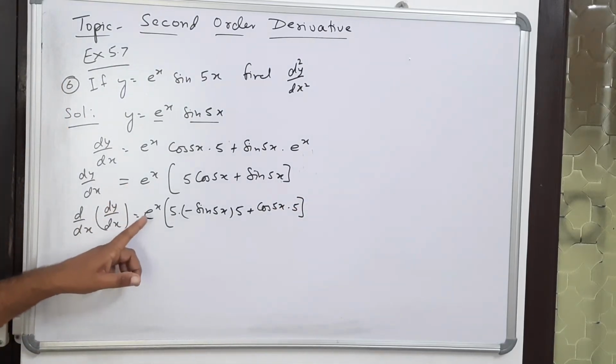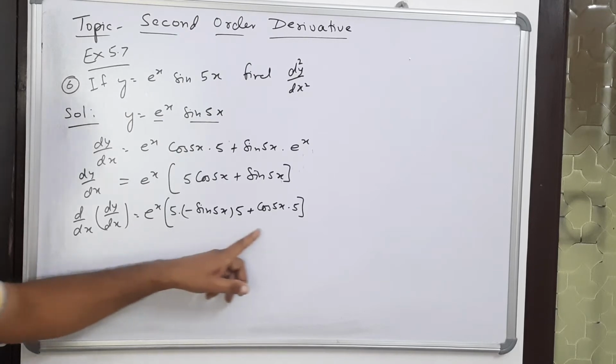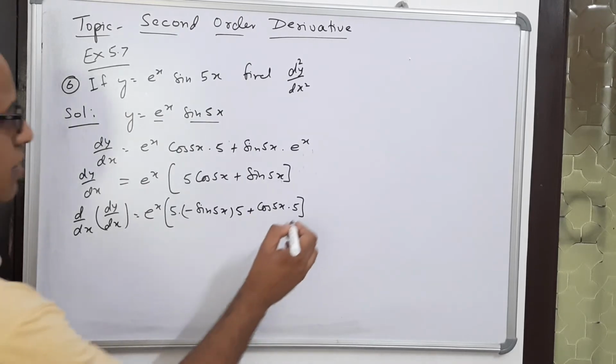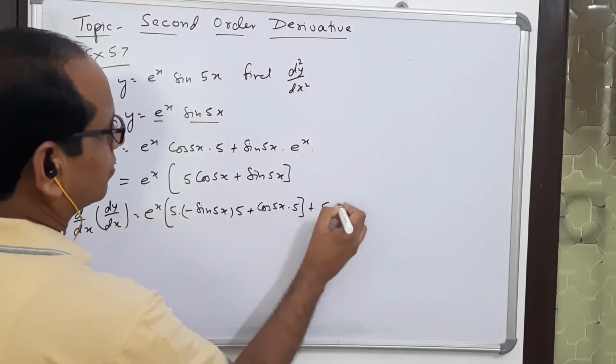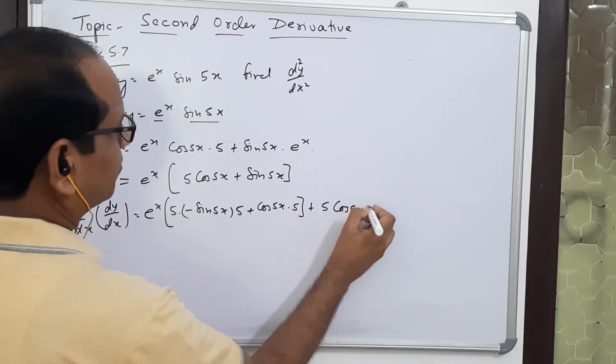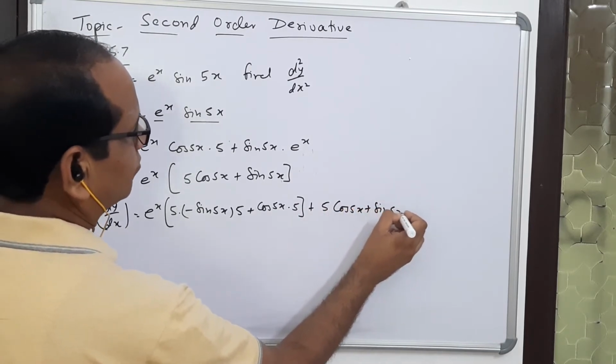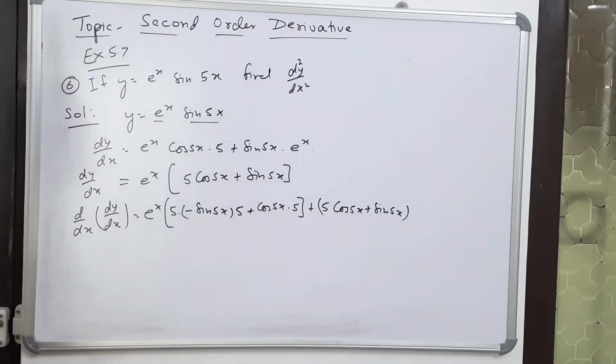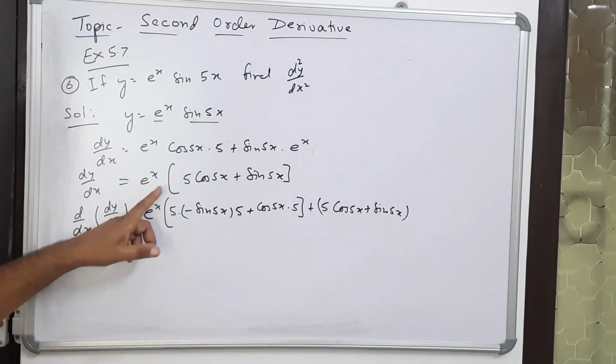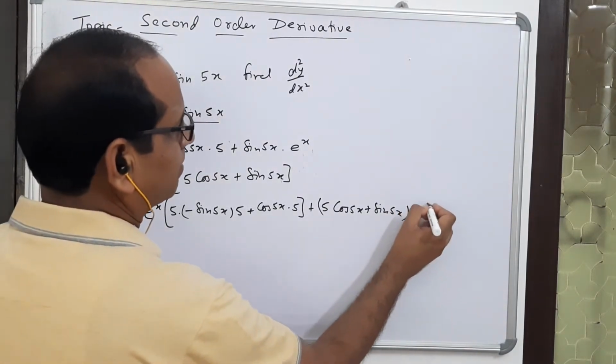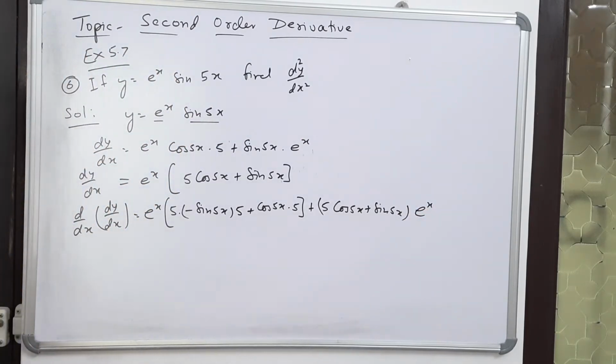That is u and d by dx of v, plus v, which will be 5 cos 5x plus sine 5x, and now d by dx of e power x, that is e power x, will remain e power x only.